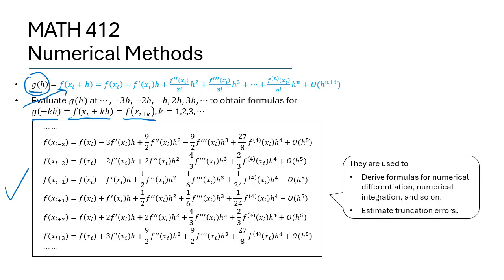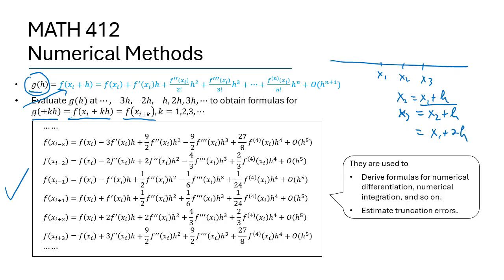Yes. And here in the notation x1, x2, x3: how about x2? x2 is x1 plus h. x3 is x2 plus h, so it's x1 plus 2h. If you have x0 there, x1 will be x0 plus h, this is x0 plus 2h, this is x0 plus 3h, and so on.